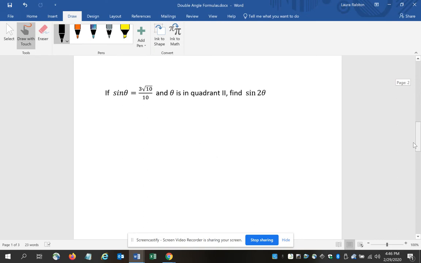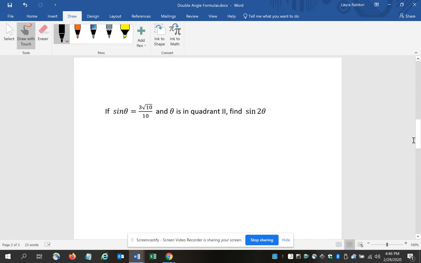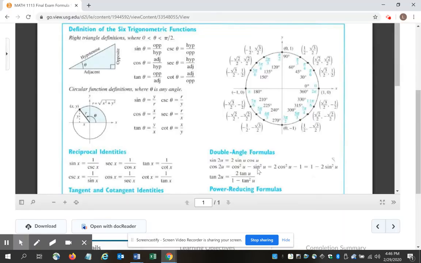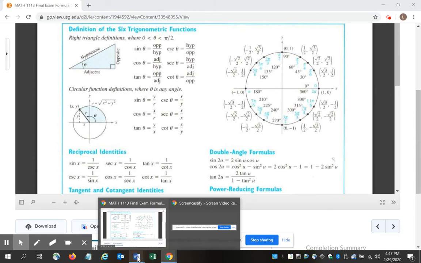Okay, moving on to the next one, we have: if sine of theta is 3 square root 10 over 10, and theta is in quadrant 2, find the sine of 2 theta. If we look, there's really only one formula for sine of the double angle, and it's 2 times the sine times the cosine.